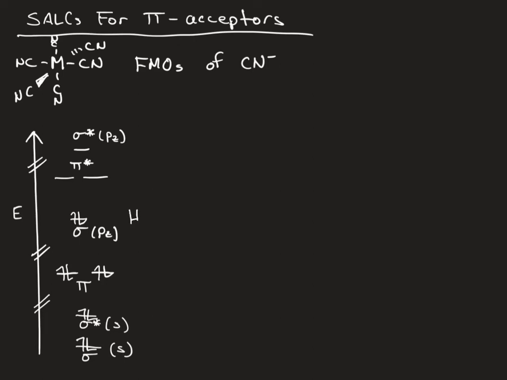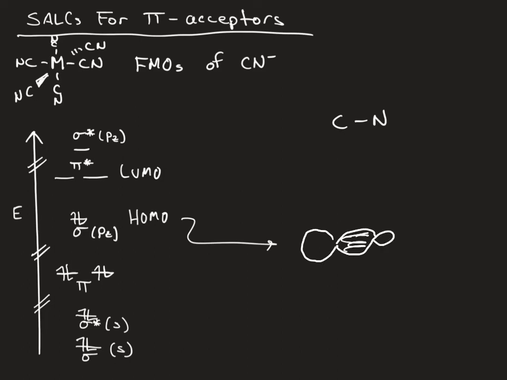So looking at the HOMO and the LUMO, drawing out the molecular orbitals oriented like this, you have a large contribution on the carbon to donate in a sigma type fashion. So those are going to form sigma bonds.